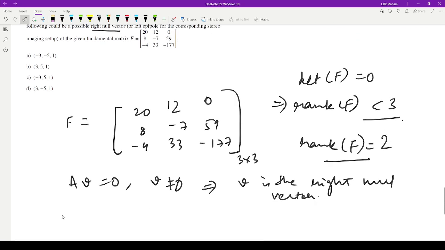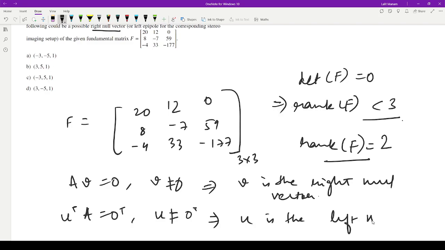Similarly, if U transpose A equals 0 for U not equal to 0, then U is the left null vector.